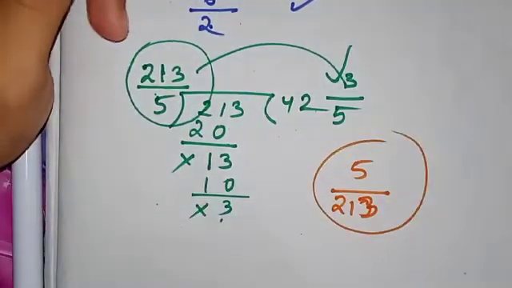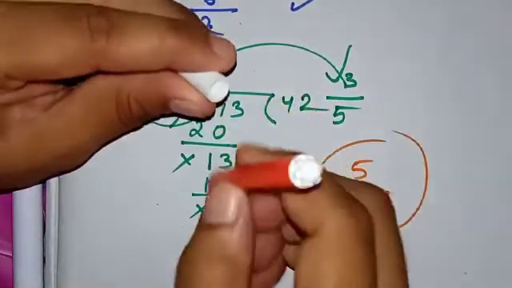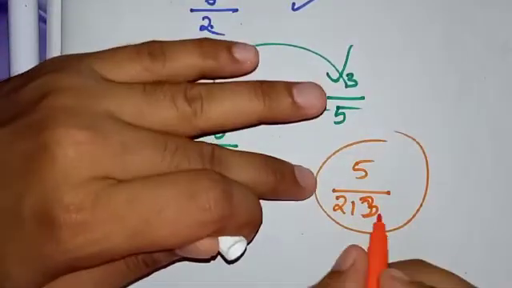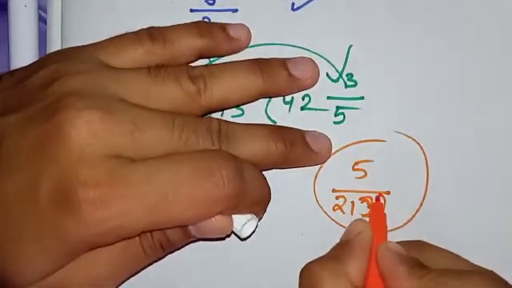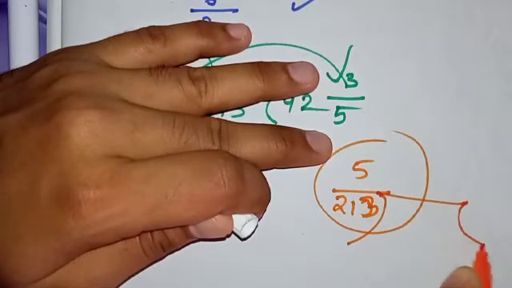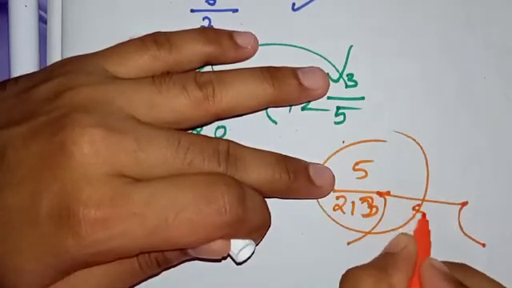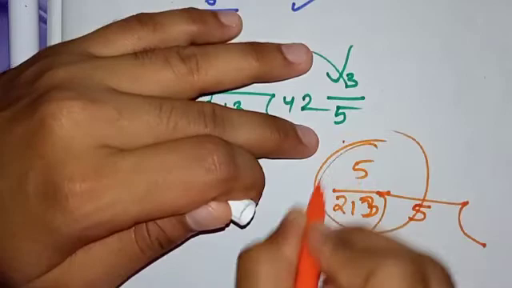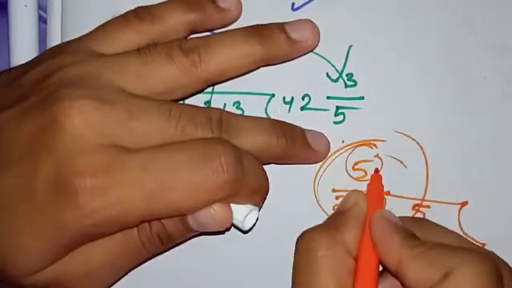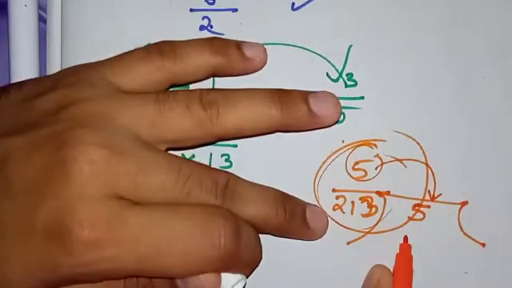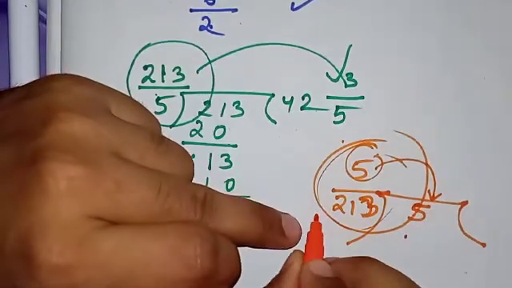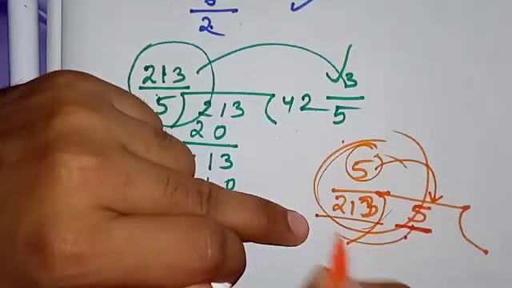So what are the steps to convert a fraction into a mixed fraction? We have to put a division bracket and pull the numerator over here. So if you take a proper fraction, then you have to pull the numerator in the division bracket. Now can you divide this number with this one?